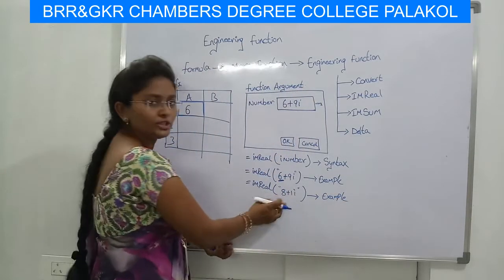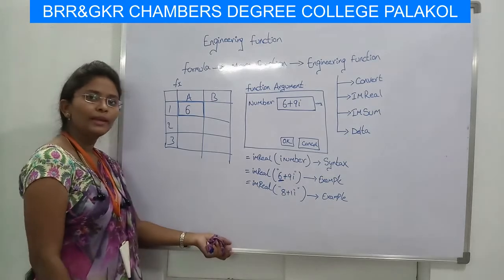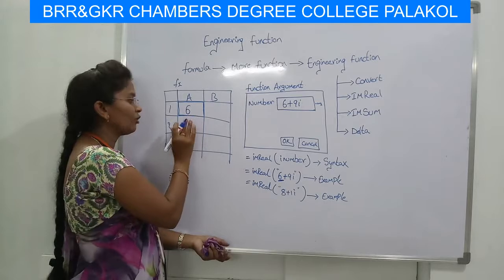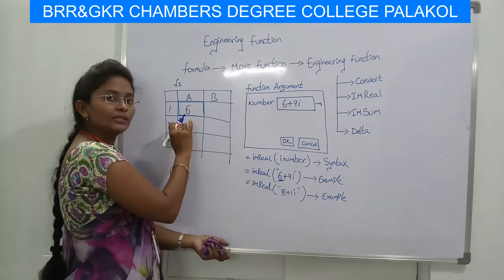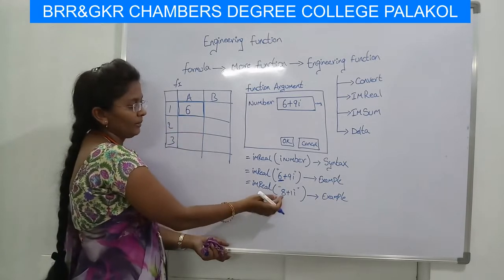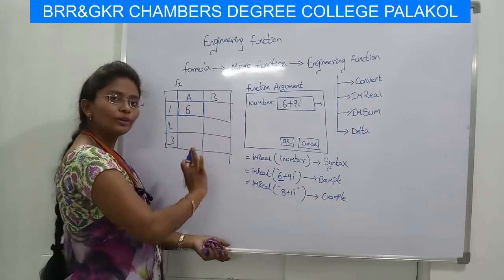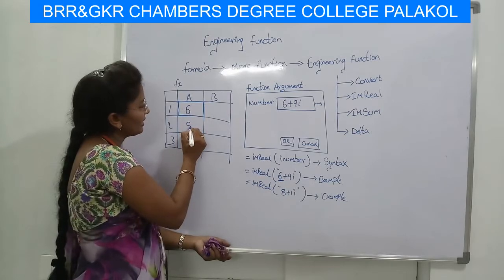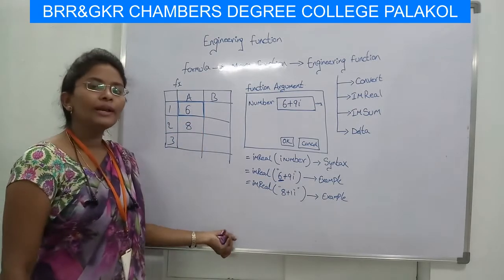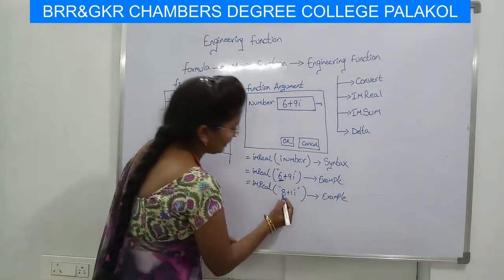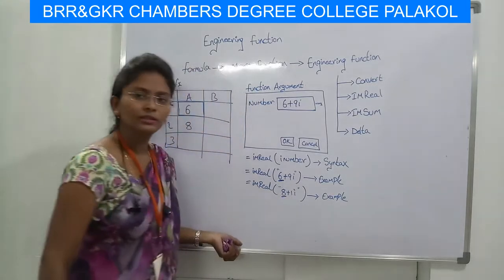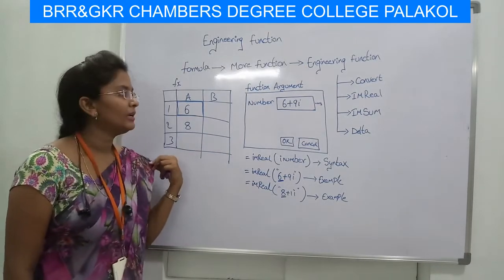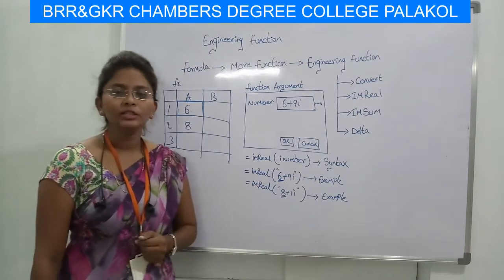I select the cell, then enter the formula in the formula bar, press enter, and the answer will be displayed here. The answer is 8. Why it is displaying 8 means the real coefficient is 8. This is the way to display the IM real function in the Excel sheet.